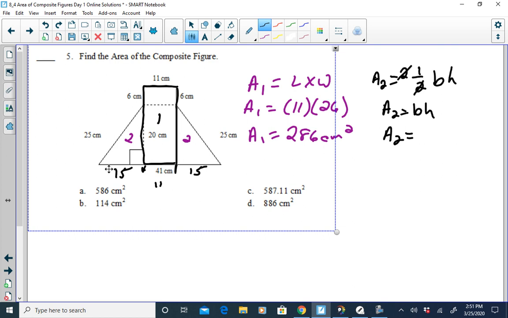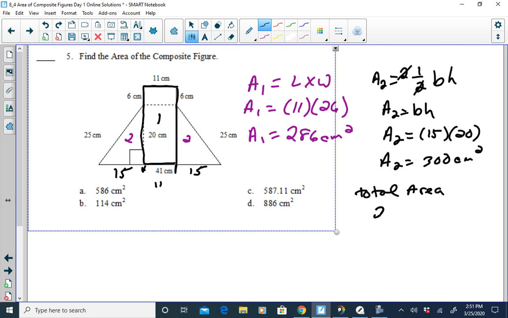So the base of the triangle is going to be 15. The height of the triangle is going to be 20. So area 2 is going to be equal to 15 times 20. That's going to be 300 square centimeters. We need the total area, so we're going to have to add.